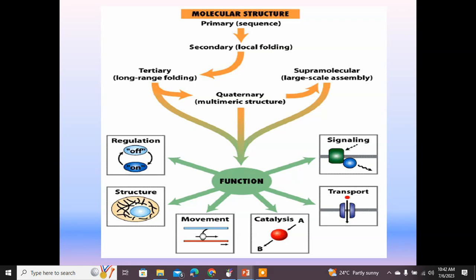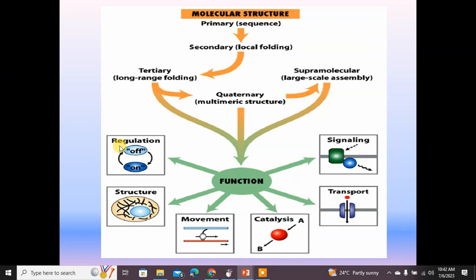Okay, so this is a very important slide. I have picked it from somewhere. So protein, basically, how many functions does a protein perform? There are many functions, but if you group them into a single place, there are totally 6 functions the protein will perform.